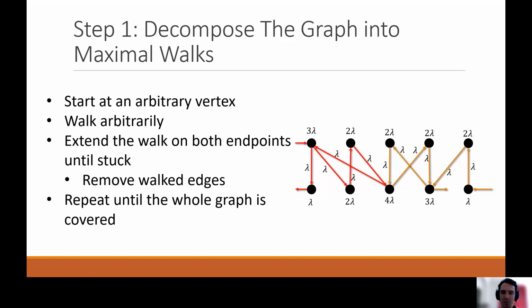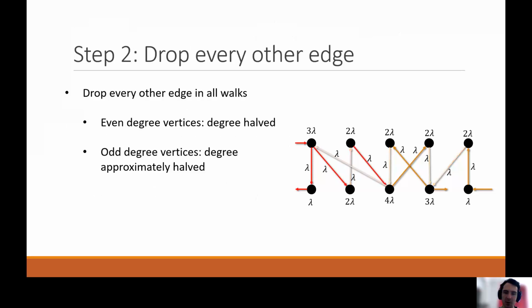Once the whole graph is covered in walks, in every walk, just drop every second edge. The intuition here is that even degree vertices will have their degrees exactly halved in this process, as every walk will enter them and leave them every time. And odd degree vertices will be approximately halved, as there can be exactly one walk entering but not leaving them, or vice versa.